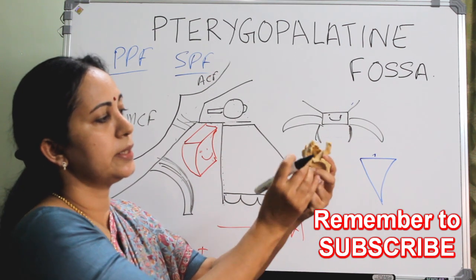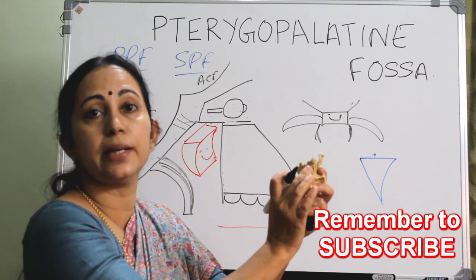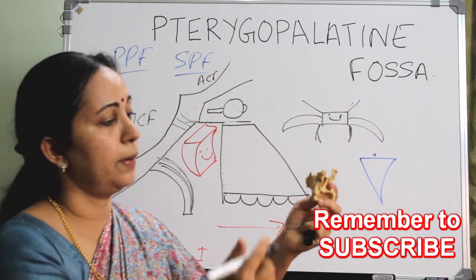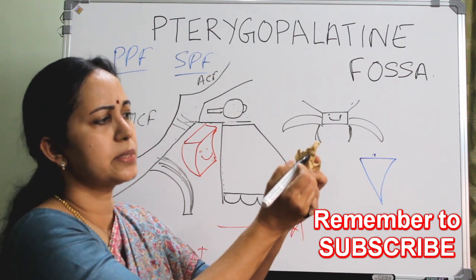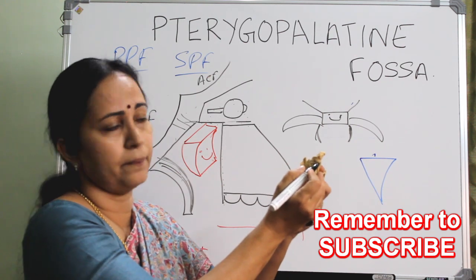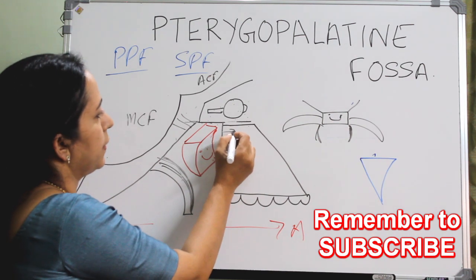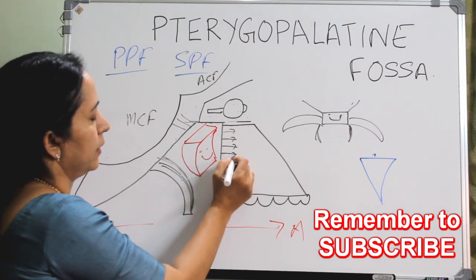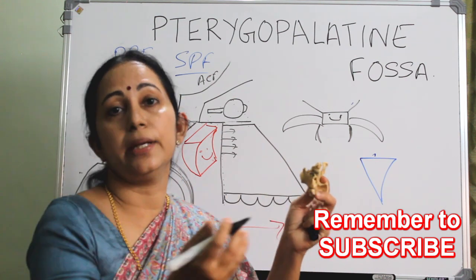So actually it is the superomedial part of the posterior wall of the maxilla. It's not the entire posterior wall. The pterygopalatine fossa is so small that it occupies only this much area, only the superomedial part of the posterior wall.